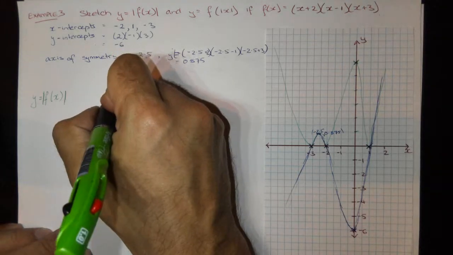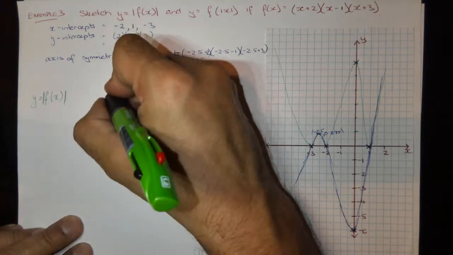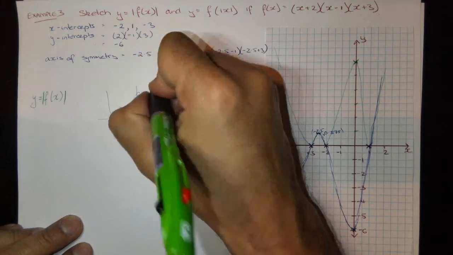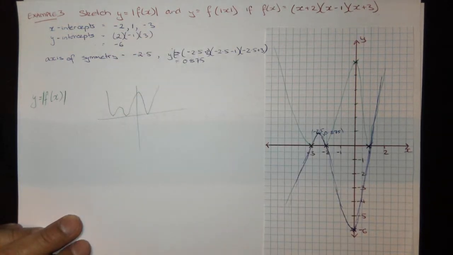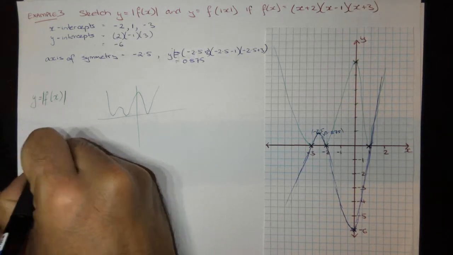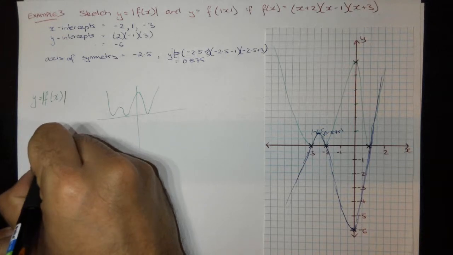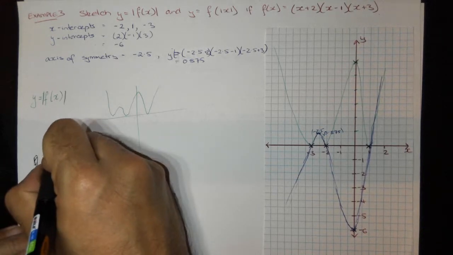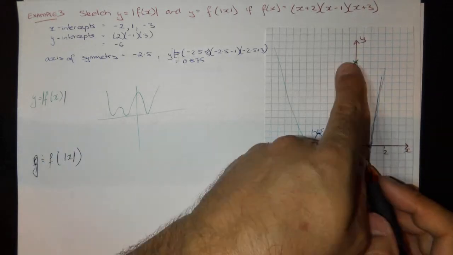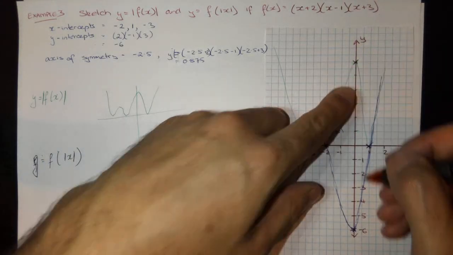So once again, it looks like that. And now when we have y equals f of absolute x, we're going to rotate it around the y-axis.